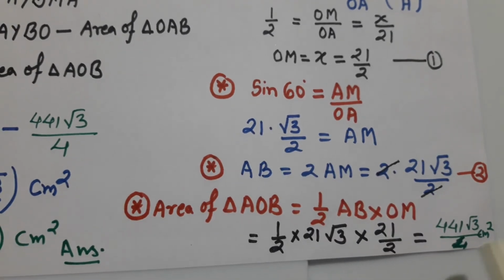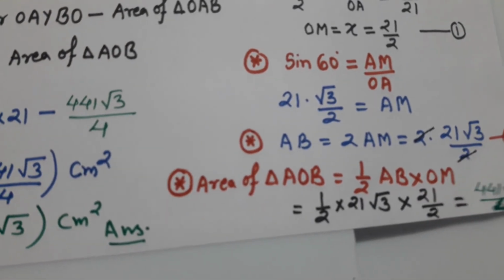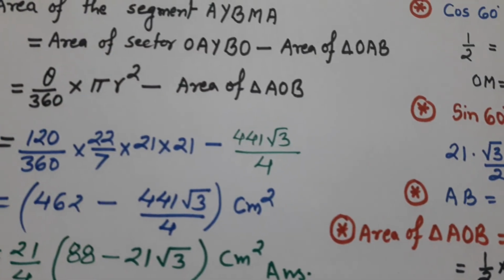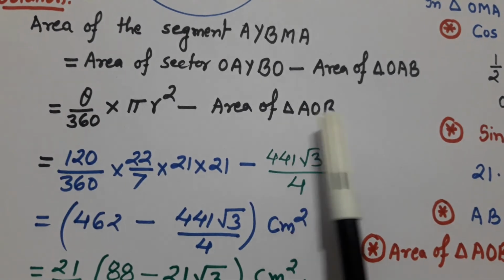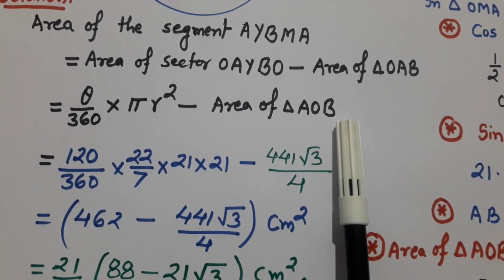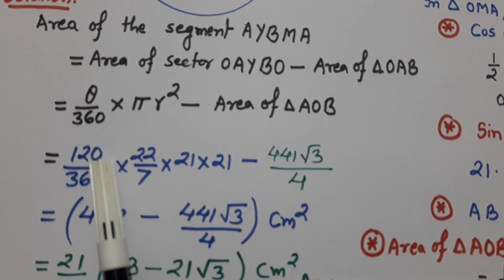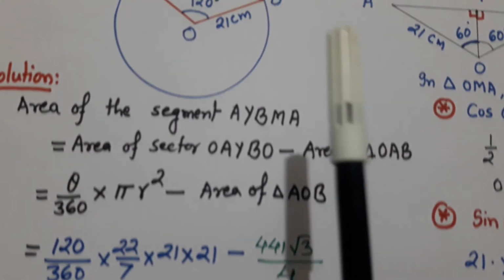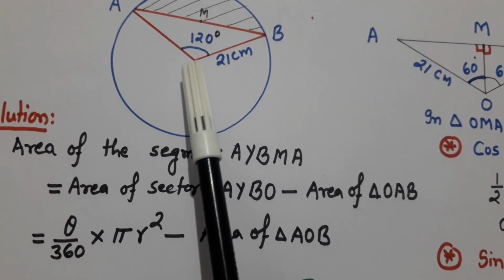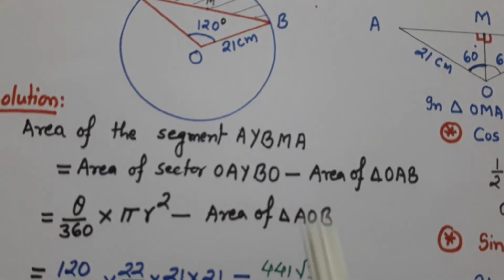Now we will put the value of this area of triangle here. In this case theta equals 120 degrees. At the center the angle formed is 120 degrees and the radius is 21 centimeter.